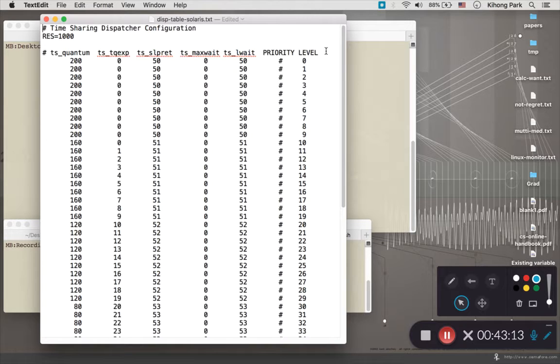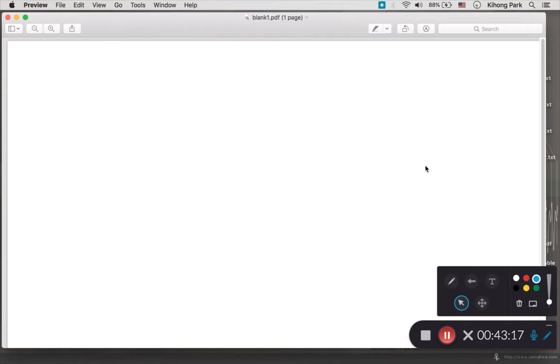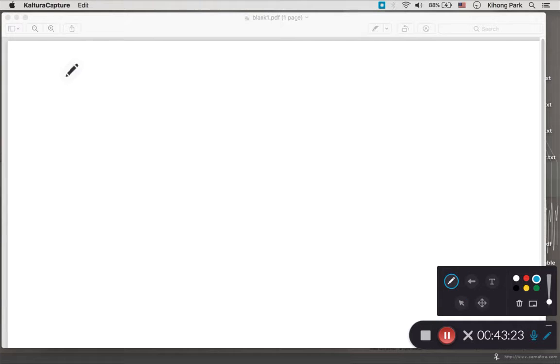So in Solaris Unix, it uses 60 priority levels or values to schedule processes.